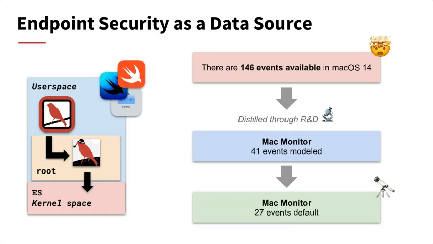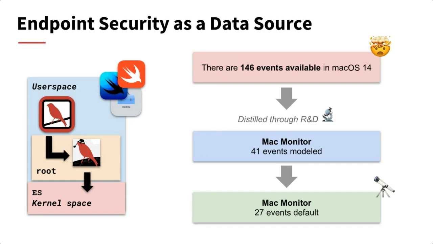So, endpoint security as a data source, right? There are 146 available events in macOS 14. That's fantastic. However, that's a lot of work for defenders to go out and implement all 146 events. So, distilling through R&D, you can model the most high-impact events for your environment.